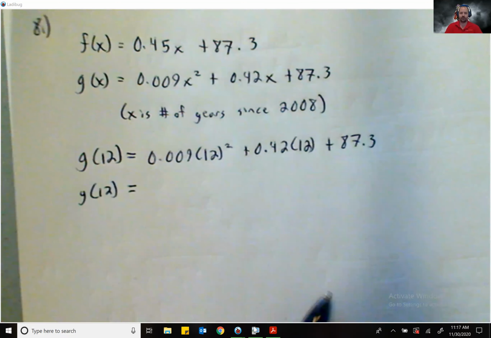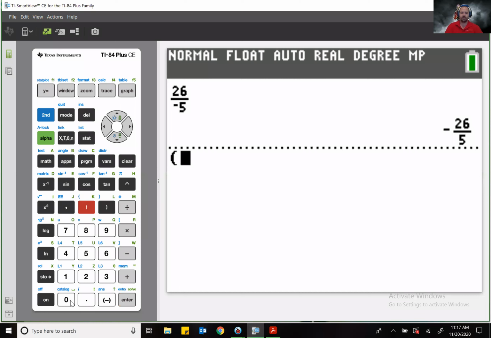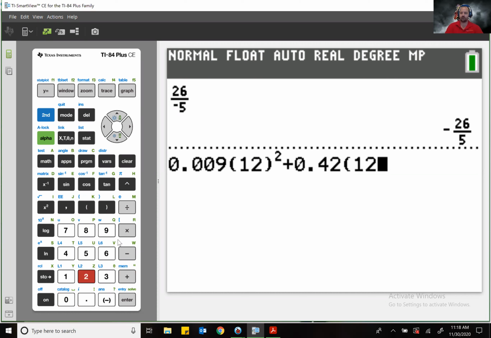So calculator: 0.009 parenthesis 12, close the parenthesis, raise it to the second power, plus 0.42 parenthesis 12, close it, plus 87.3.